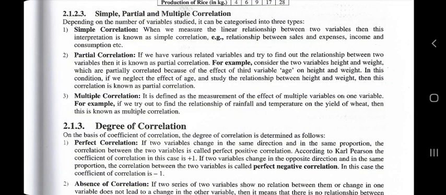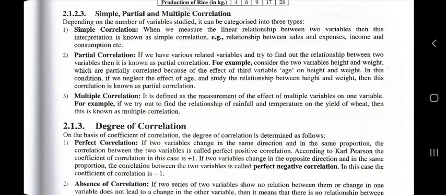Okay. The third one is multiple correlation. Means multiple factors affecting a single variable. We have the example here, the relationship of rainfall and temperature on the yield of wheat.